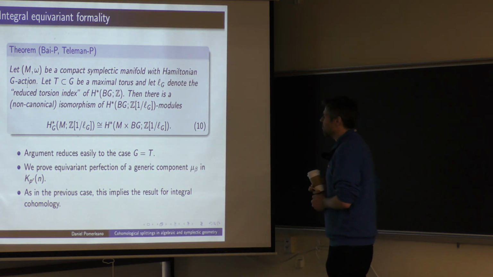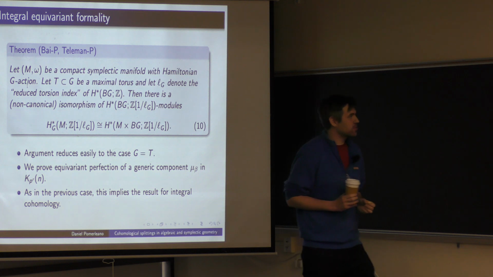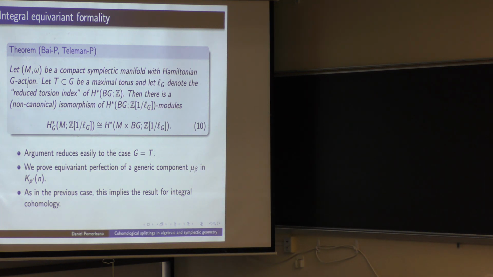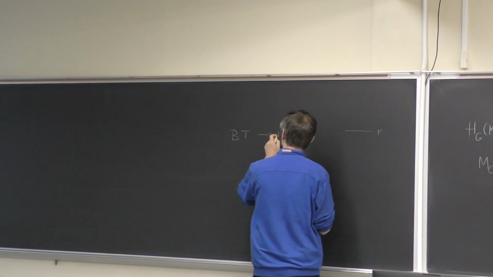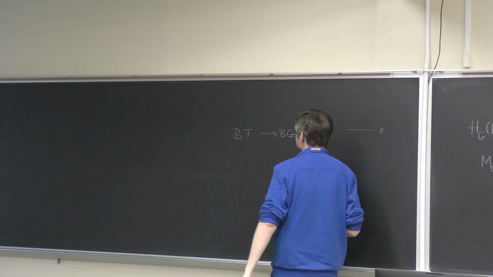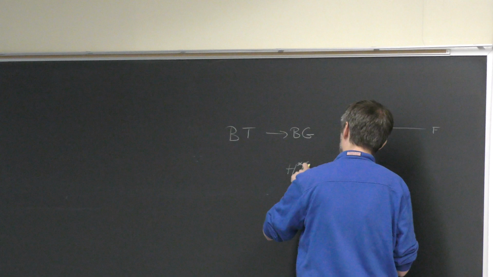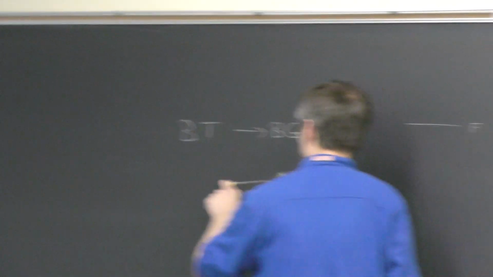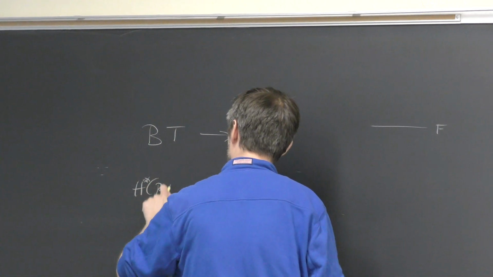And if you have a non-abelian group, then it turns out you have to remove a kind of universal obstruction. You choose some maximal torus, and then the cohomology of BG maps to the cohomology of BT.